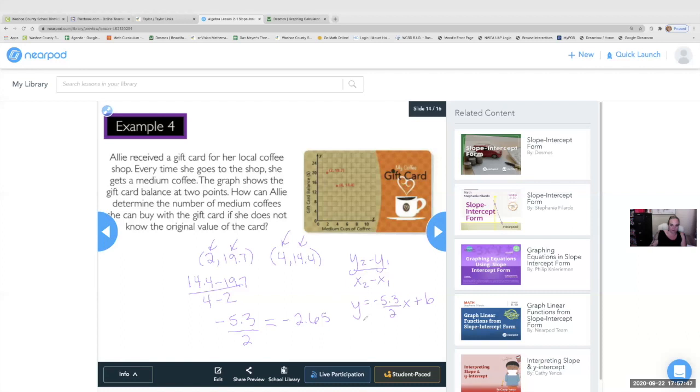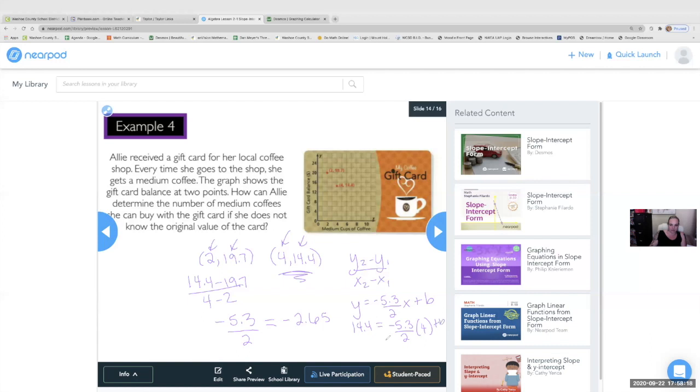So y equals 14.4, $14.40, which then equals our slope times the x value, 4. At this point, you guys, you can't go from this y value to this y value because those aren't the points that are connected, okay? So you've got to stick with it. If you pick this one, you have to keep both of those.